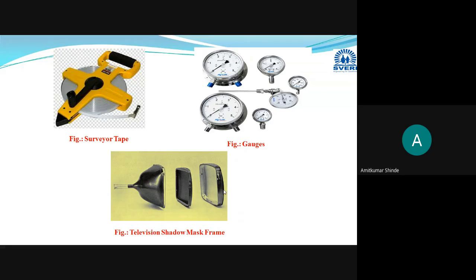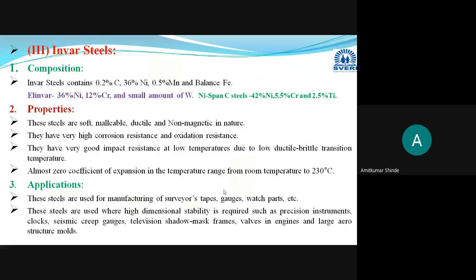Okay, in this way, in this lecture, we have completed high strength low alloy steel, that is HSLA steel, which is also known as microalloyed steel, along with its composition, properties, and applications. After that, we discussed Hadfield steel, which is also known as manganese steel or mangalloys, and also its composition, properties, and applications. And after that, just now we completed the Invar steel, and there also we discussed its composition.